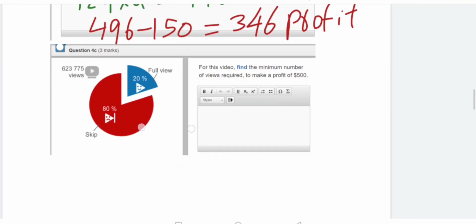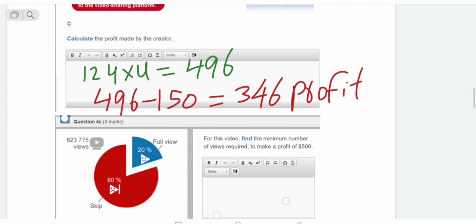C part. In the C part, they said, for this video, find the maximum number of views required to make a profit. Now, before they gave us the views, we found the profit. Now they gave us the profit, we will go back to the full views. This is the profit, right? To go back, we are going to do the opposite.